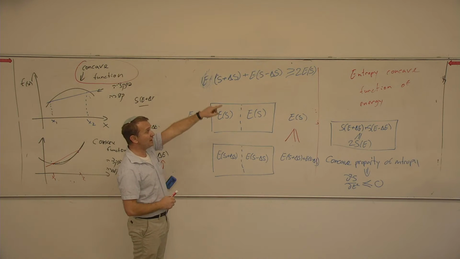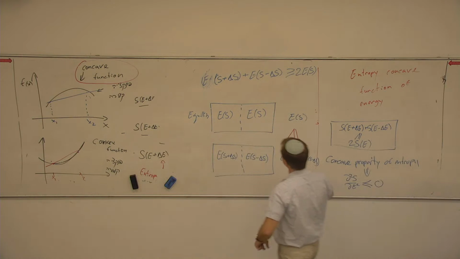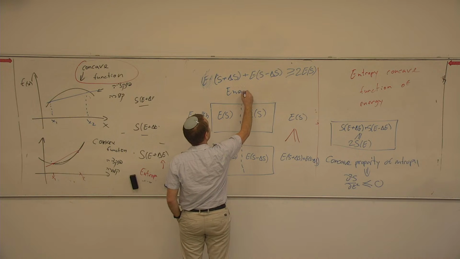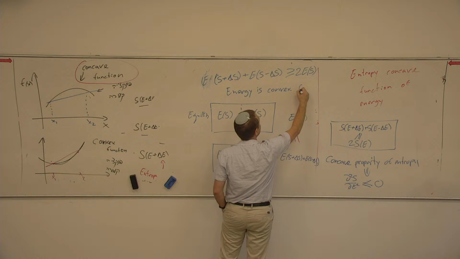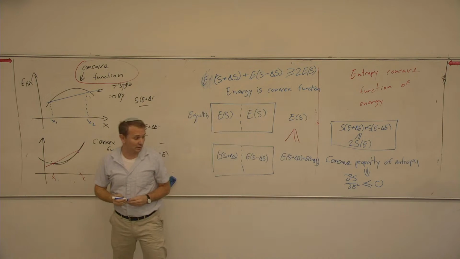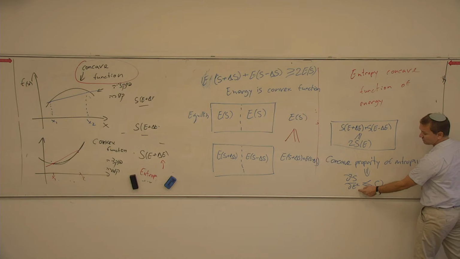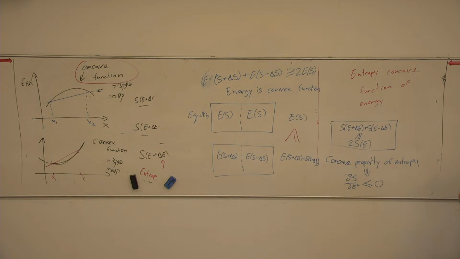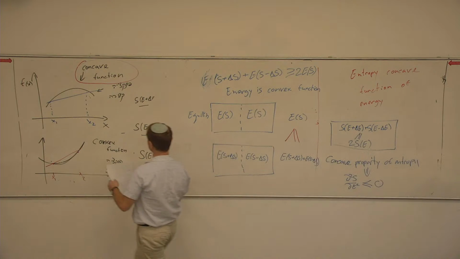So if entropy is concave, energy is a convex function. Right? So if concave means that this derivative is smaller than 0, what does the convex property mean?